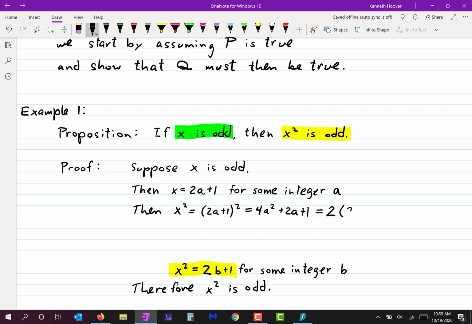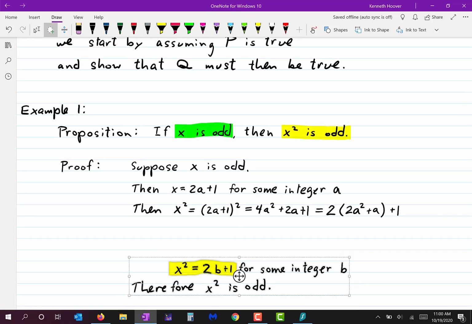How about 2a squared plus a, close parentheses, plus 1. That would be true, right? There's our b right there. Is that an integer? Because it needs to be. Yes. If a is an integer, then 2a squared plus a is an integer. So doesn't that bridge the gap then from here to here? I think it does. So let's just bump that up to fill in the gap.